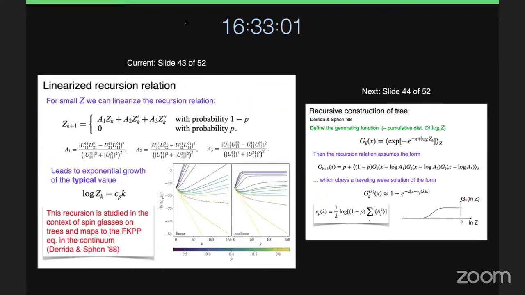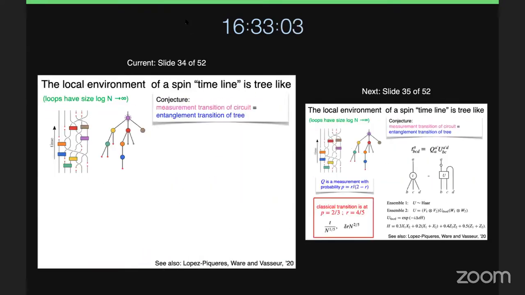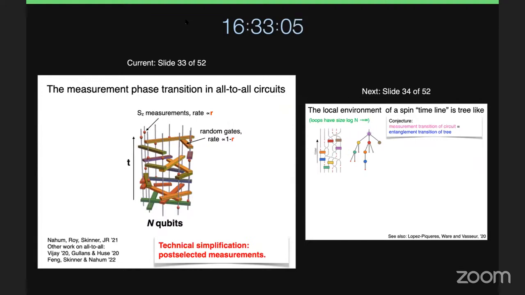So the idea behind the orthogonal circuit is the same. We want to understand the nature of the transition. What we were really interested in this case was establishing, I showed you in the beginning that there is a tension between our small system numerics and the small system numerics in Rutgers or whatever, and we want to say anything exact about this phase transition.